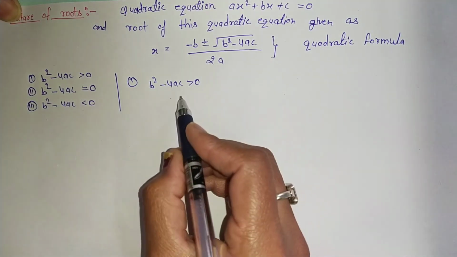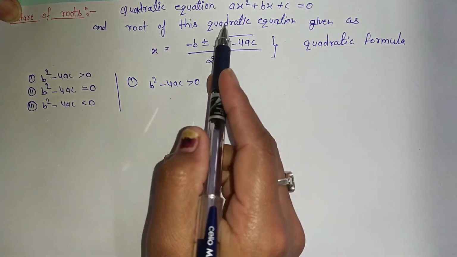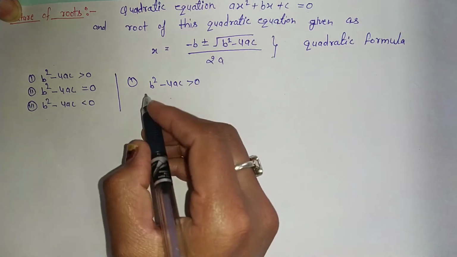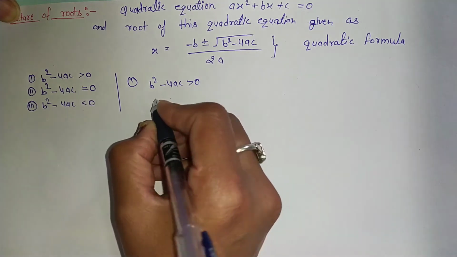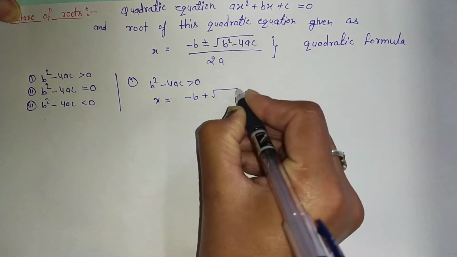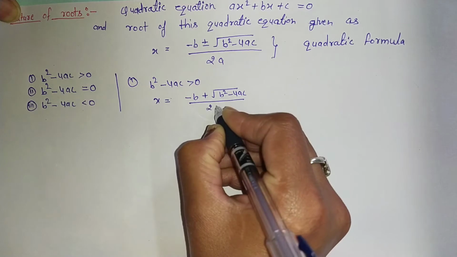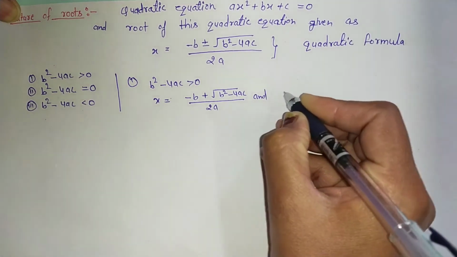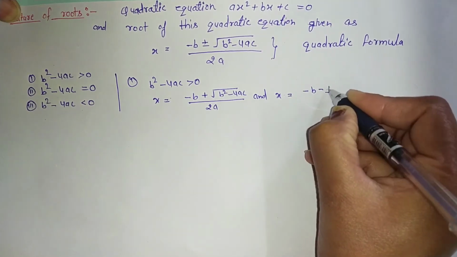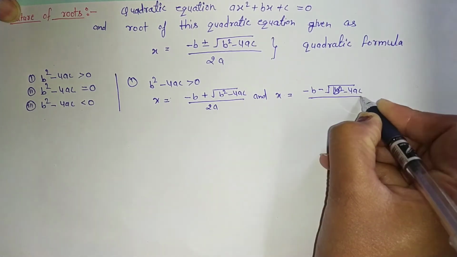If b square minus 4ac is greater than 0, the roots of this quadratic equation ax square plus bx plus c equal to 0 are given as x equal to minus b plus square root of b square minus 4ac upon 2a, and the second root is x equal to minus b minus square root of b square minus 4ac upon 2a.